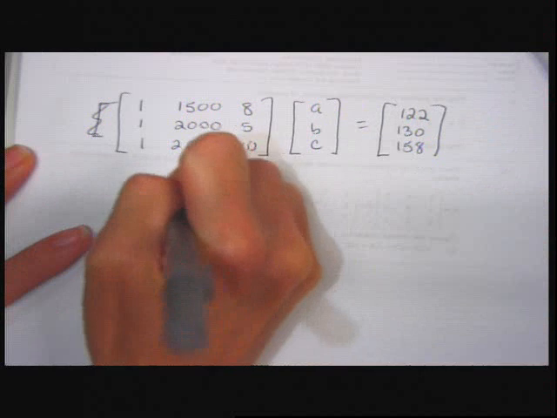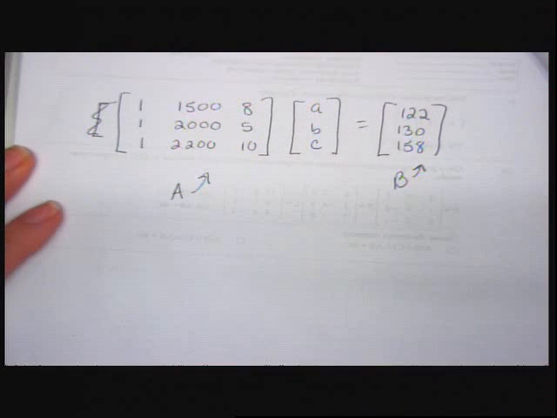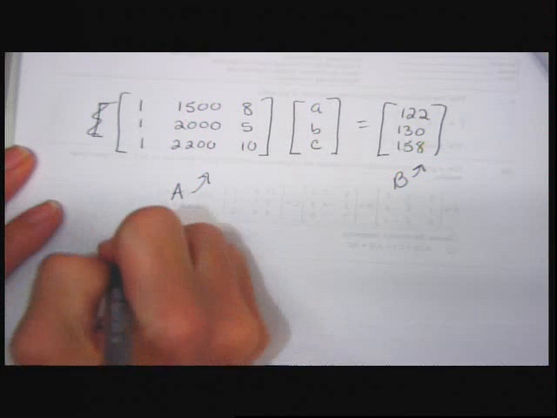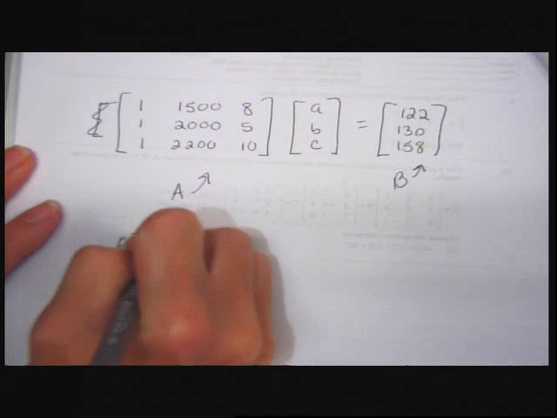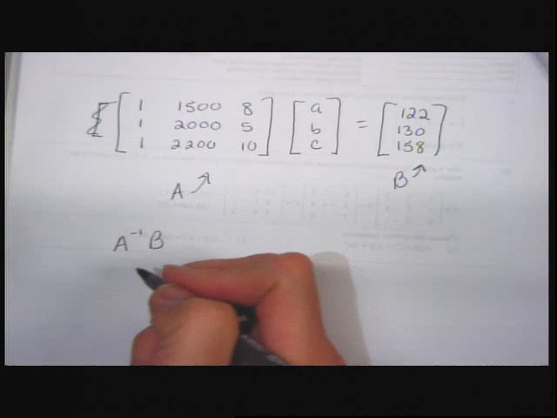So this is matrix A, and this is matrix B. And we want to figure out what A, B, and C are, so we're going to do A inverse times B.